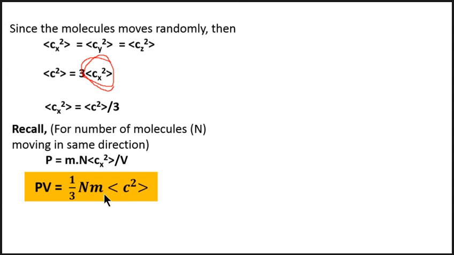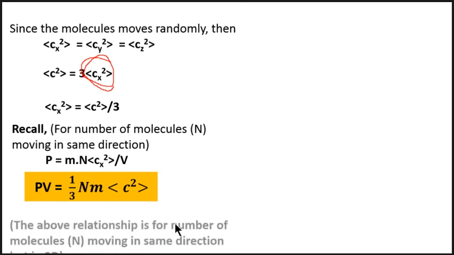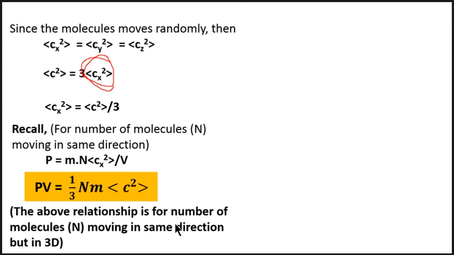Now, this expression we derived here, which is PV equals 1 over 3 Nm resultant mean square velocity, is for number of molecules moving in the same direction but in 3 dimensions, which is 3D.